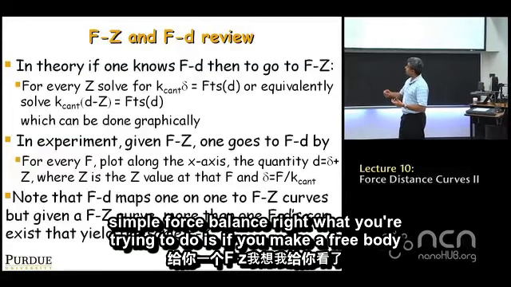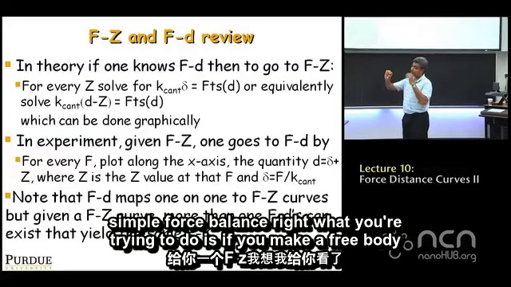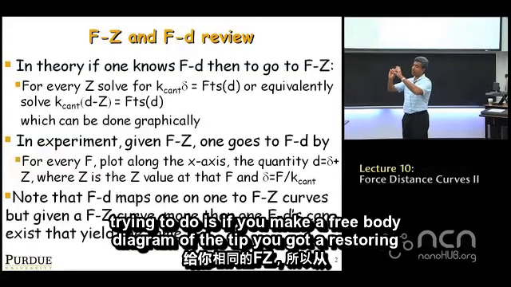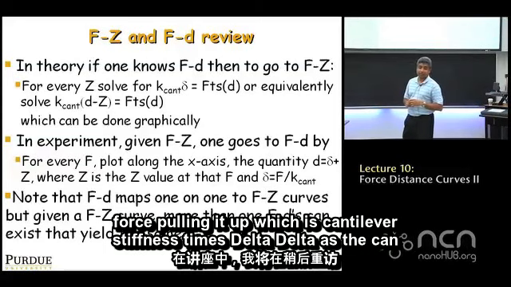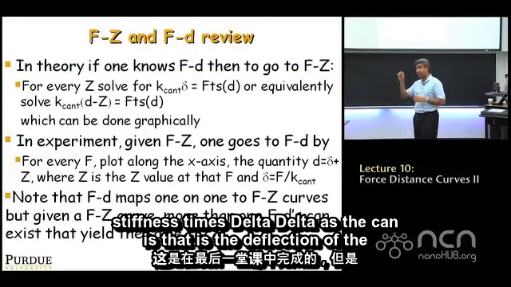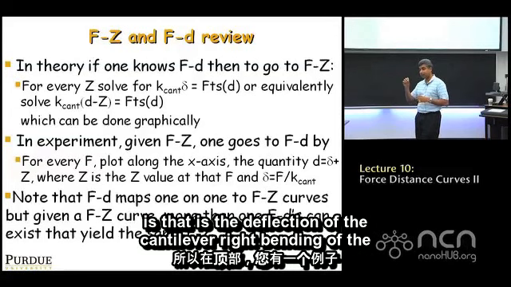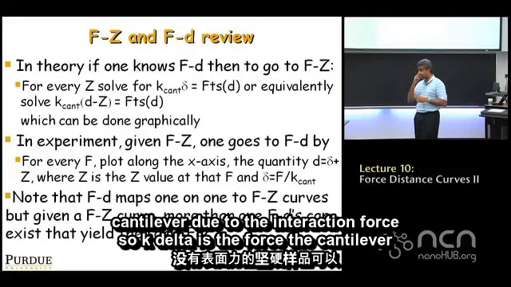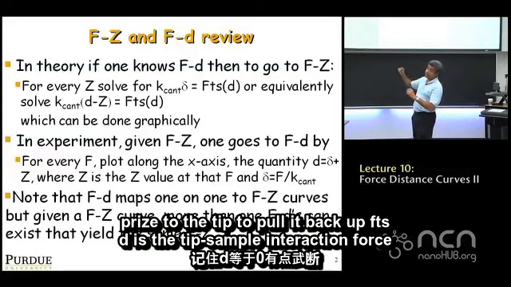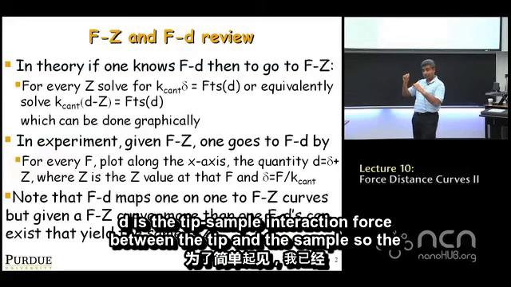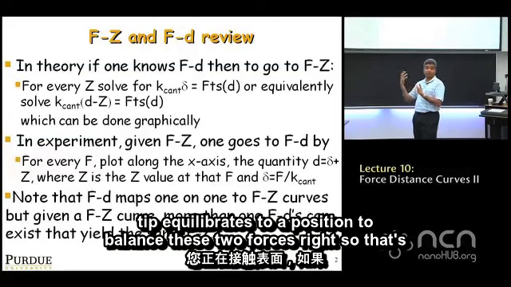If you make a free body diagram of the tip, you've got a restoring force pulling it up, which is cantilever stiffness times delta. Delta is the deflection of the cantilever, the bending of the cantilever due to the interaction force. So k delta is the force that the cantilever applies to the tip to pull it back up. FTS(d) is the tip-sample interaction force between the tip and the sample. So the tip equilibrates to a position to balance these 2 forces, right?